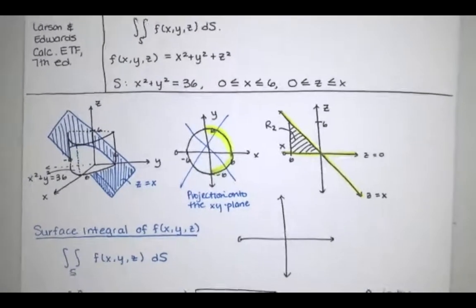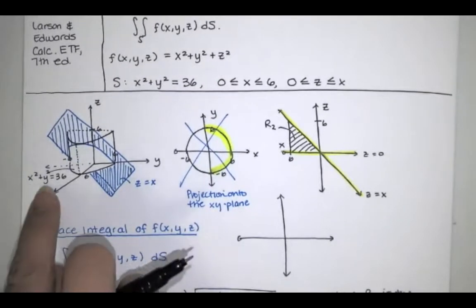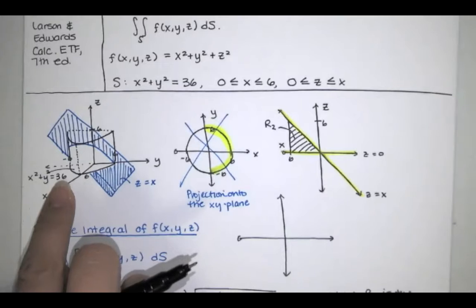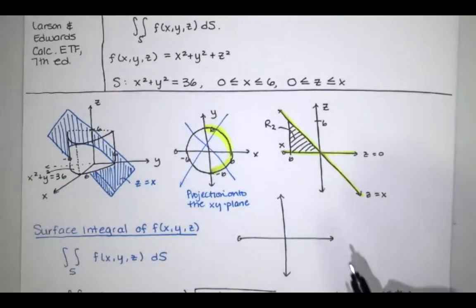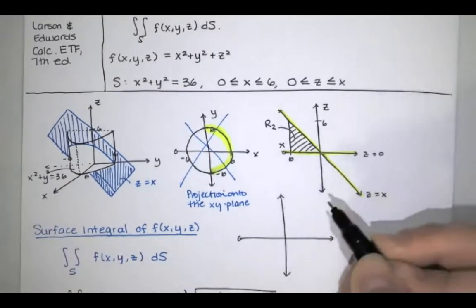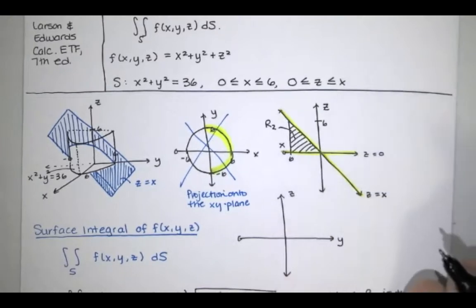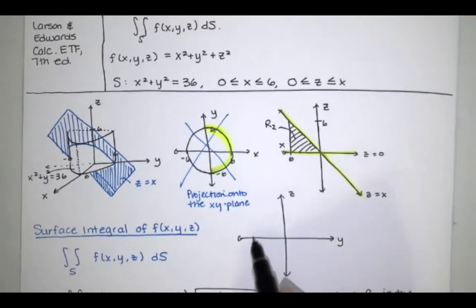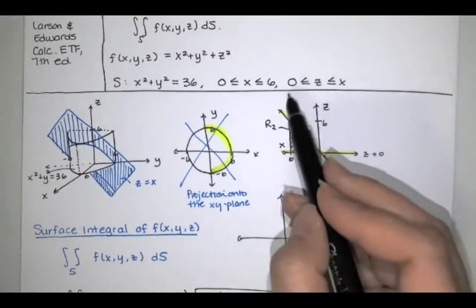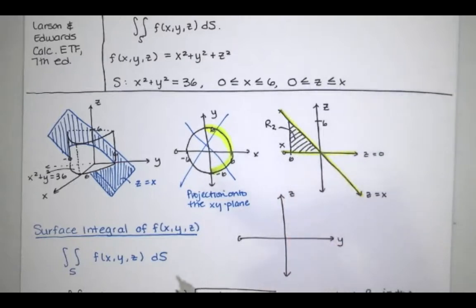And that's going to look like this. Now remember, x squared plus y squared is equal to 36 here. If I project onto the YZ plane, here's my y-axis, here's my z-axis. Now we're going to start at z equals 0 because we know that z goes from 0 to x.